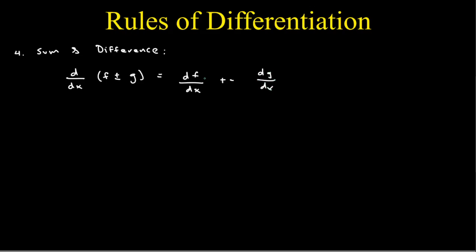So whenever we have a function that comprises two smaller functions, we can split them up, find the derivative of each individually, and then add them together.